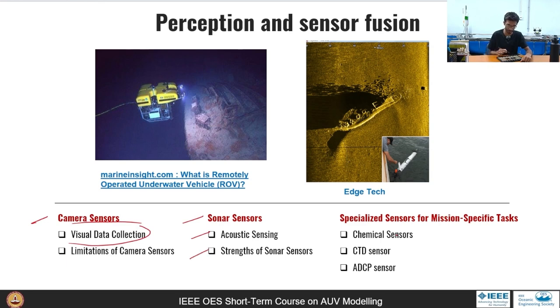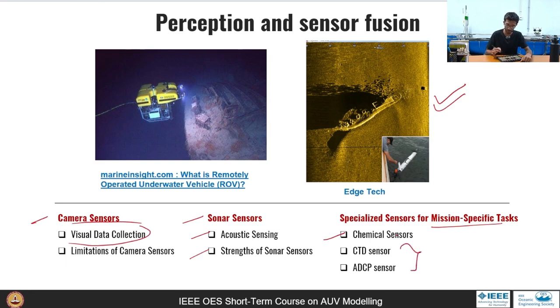These are the key strengths of sonar sensors. A typical map of a sonar sensor is shown in this diagram here. Depending on the requirement of various missions, there can be various mission-specific sensors as well, such as chemical sensors. These sensors will allow the AUV to detect some chemical signatures or detect chemical compositions of the oceans.